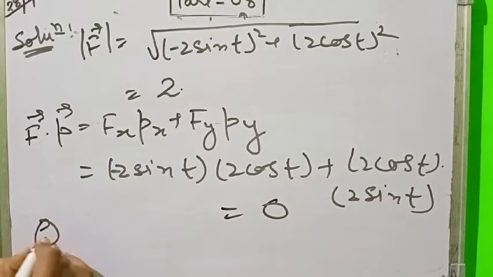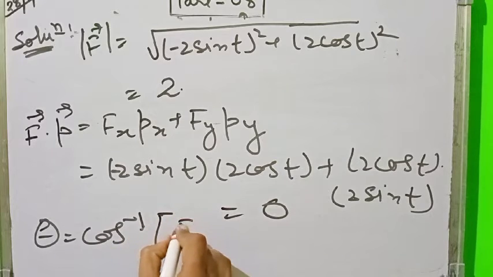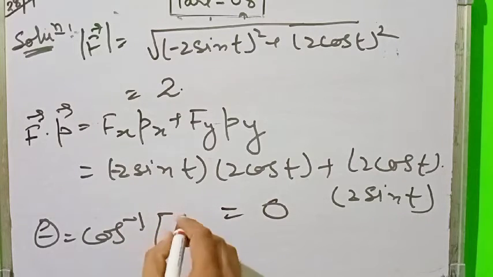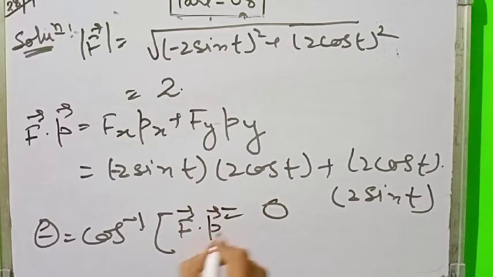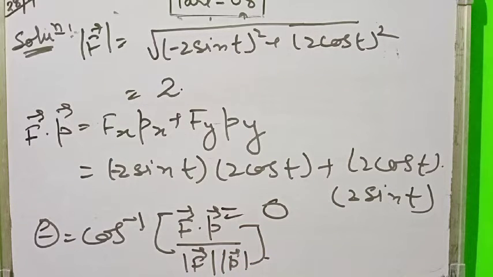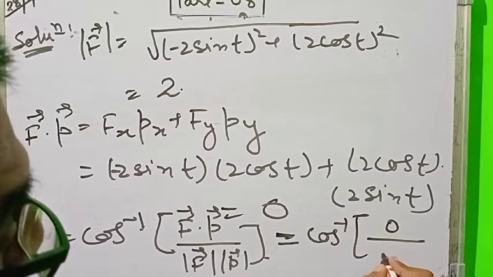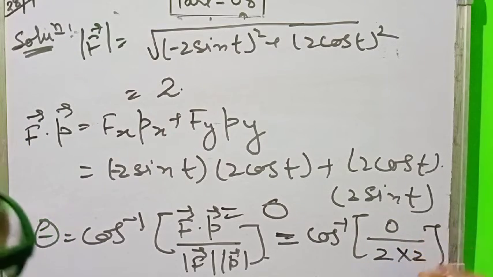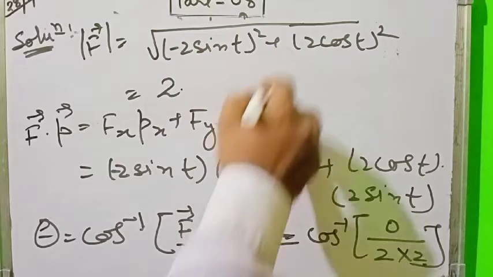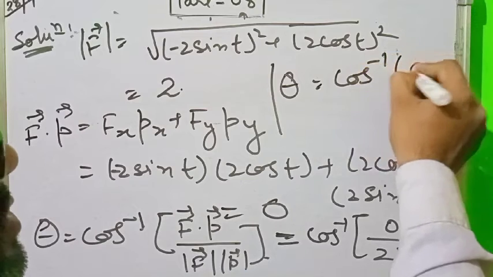Now theta is what? Theta is equal to cos inverse of F dot P upon magnitude of F into magnitude of P, and the value of F dot P is equal to 0. So theta is equal to cos inverse of 0 upon 2 into 2, and theta is equal to cos inverse 0.